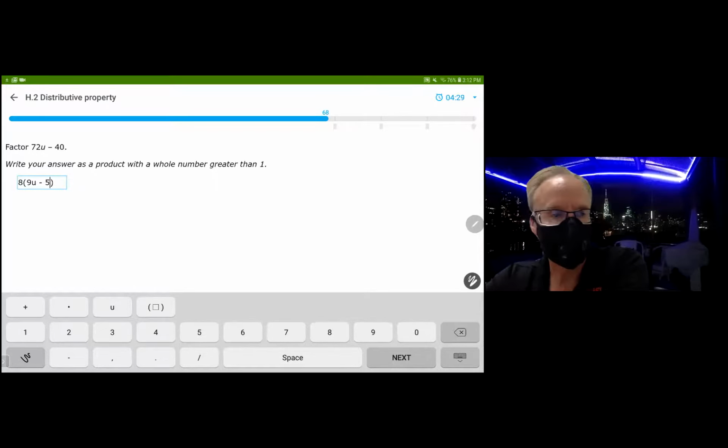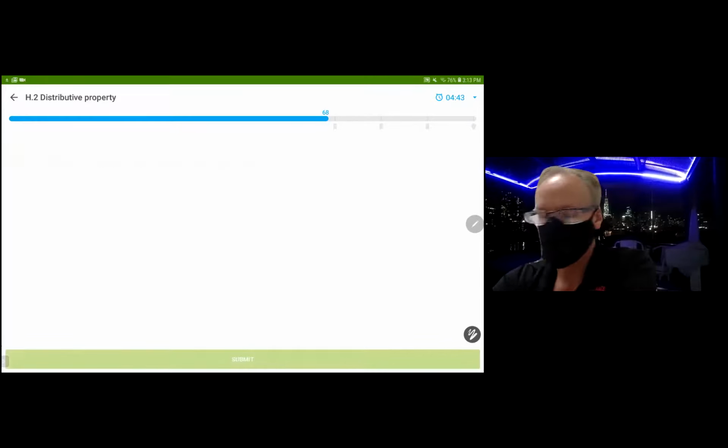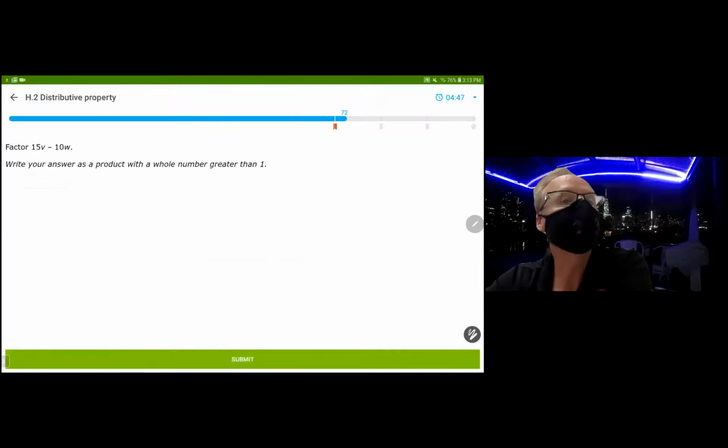And it's a good idea to just double check it. 8 times 9u is 72u, and 8 times 5 is 40. If there's any common factors for the 9 and the 5, then I would try something else, but clearly they don't have any common factors. They are considered to be relatively prime.